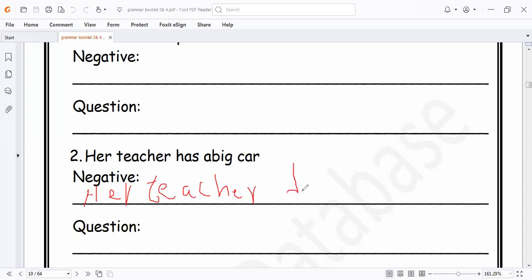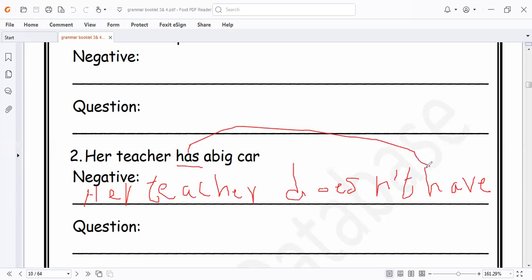So I replace has by have. Doesn't, her teacher doesn't have. I return the verb to the stem. Her teacher doesn't have a big car.